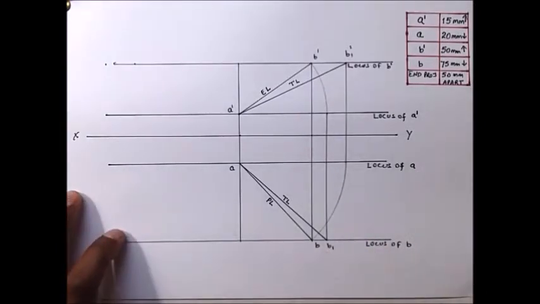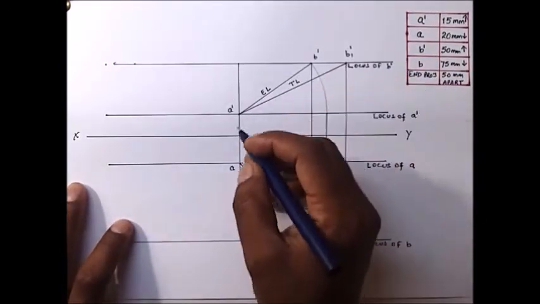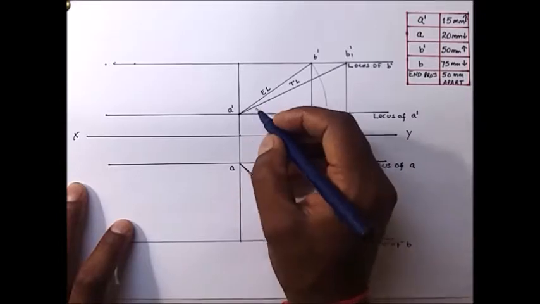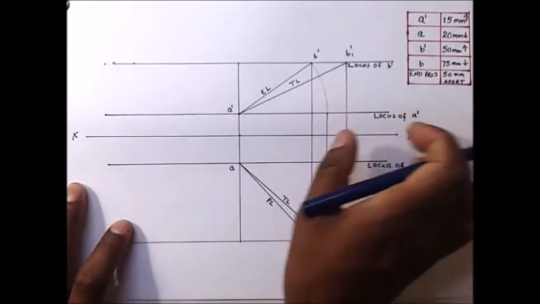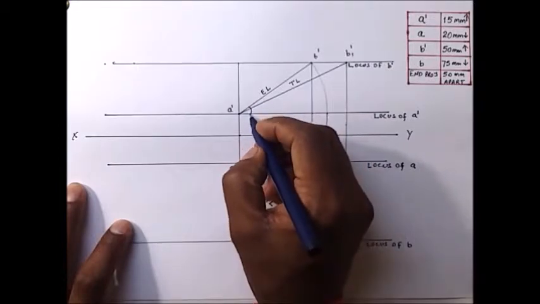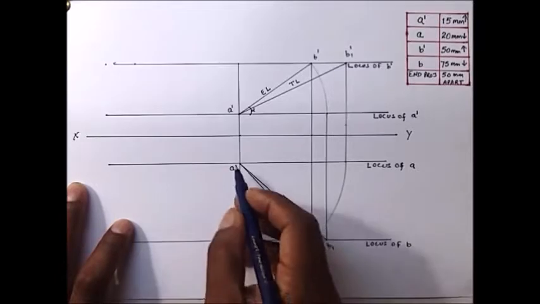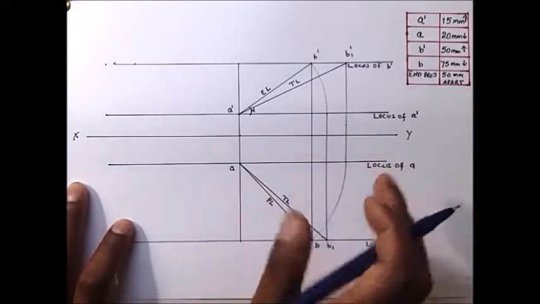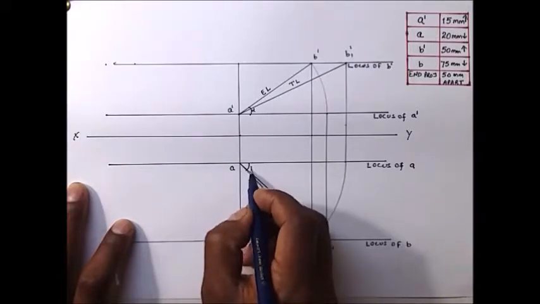For angles, you can measure with the help of your drafter. The angle which EL is making with the locus of A dash will be your angle alpha, and the angle which PL is making with the locus of A will be angle beta.